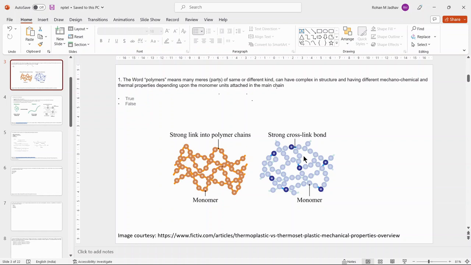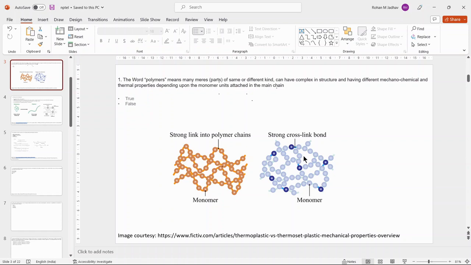A normal polymer, when heated, has chains that can slip past each other, and it will melt and form a viscous melt at high temperature. But when cross-link bonds are formed, the polymer will not move at all at high temperatures and it maintains its strength.